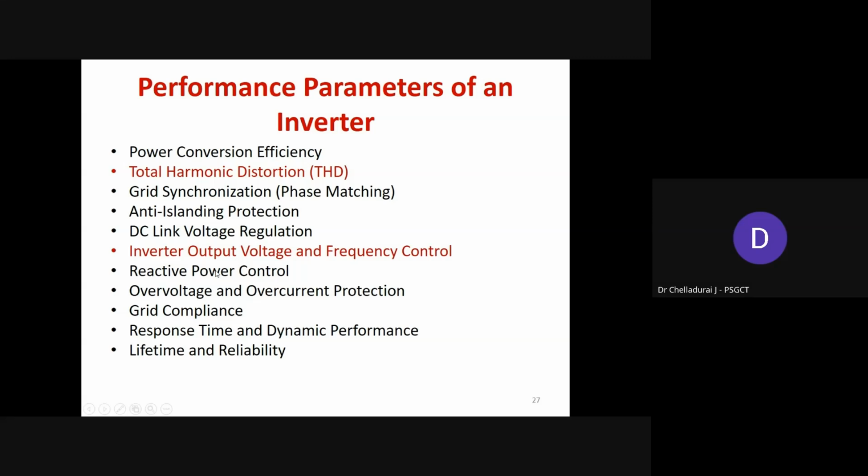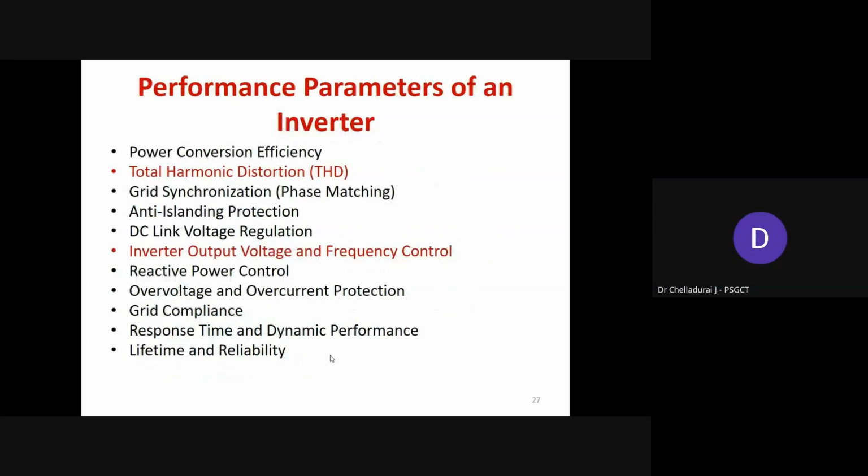So all these different performance parameters are purely based on how to design the inverter configuration, and similarly, how to control the given inverter power circuit diagram. So it is purely based on the control and power circuit topology configuration.